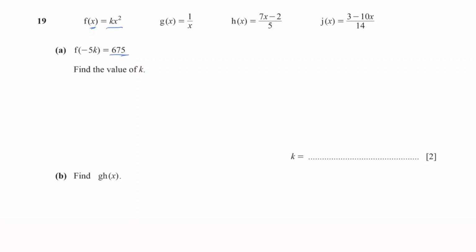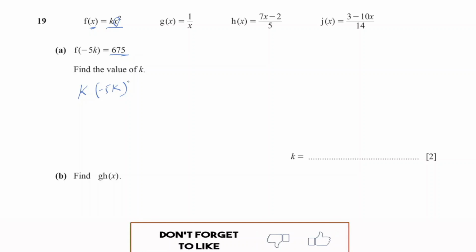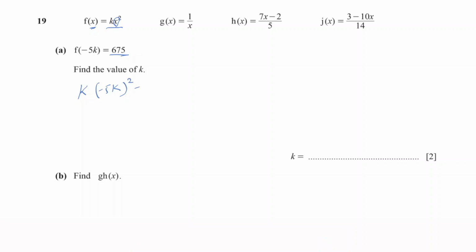So we can write it as kx squared, where x is minus 5k. I just put the value of x as minus 5k, and we put that squared, and that will be equal to 675, right? Let's find out the value of k.